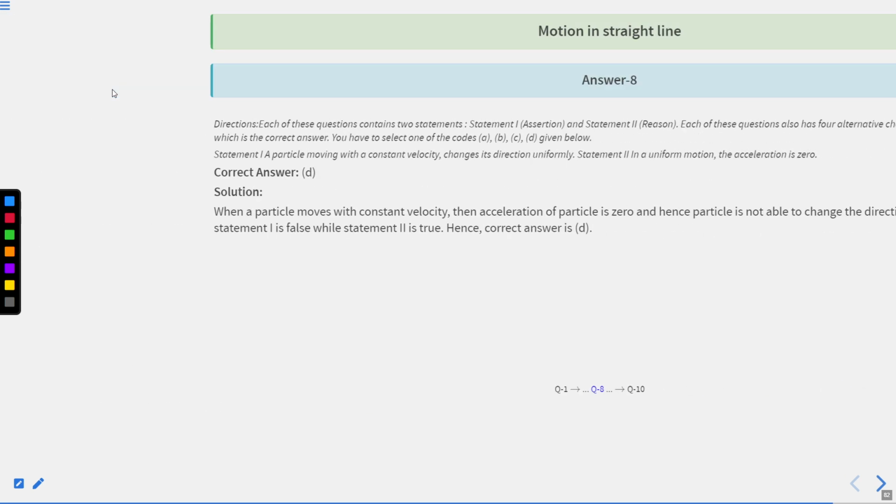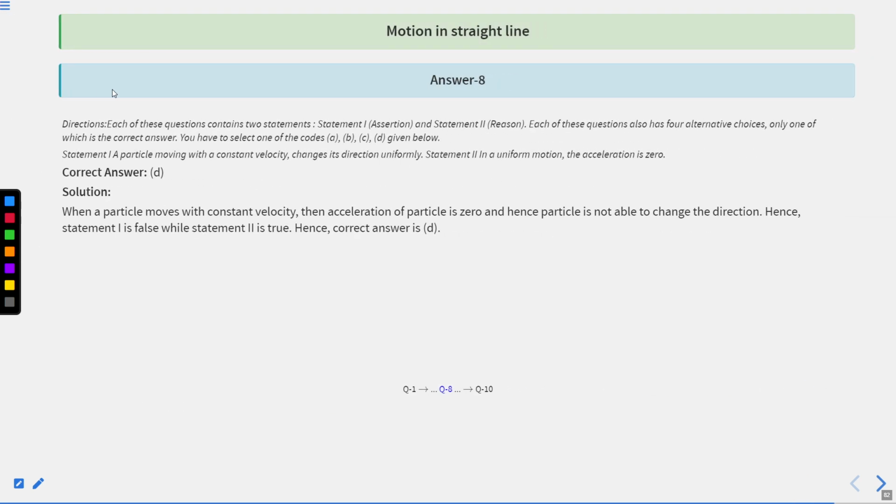Let's find a solution. When a particle moves with constant velocity, then the acceleration of the particle is 0 and hence the particle is not able to change its direction. Hence statement first is false, while statement 2 is true.